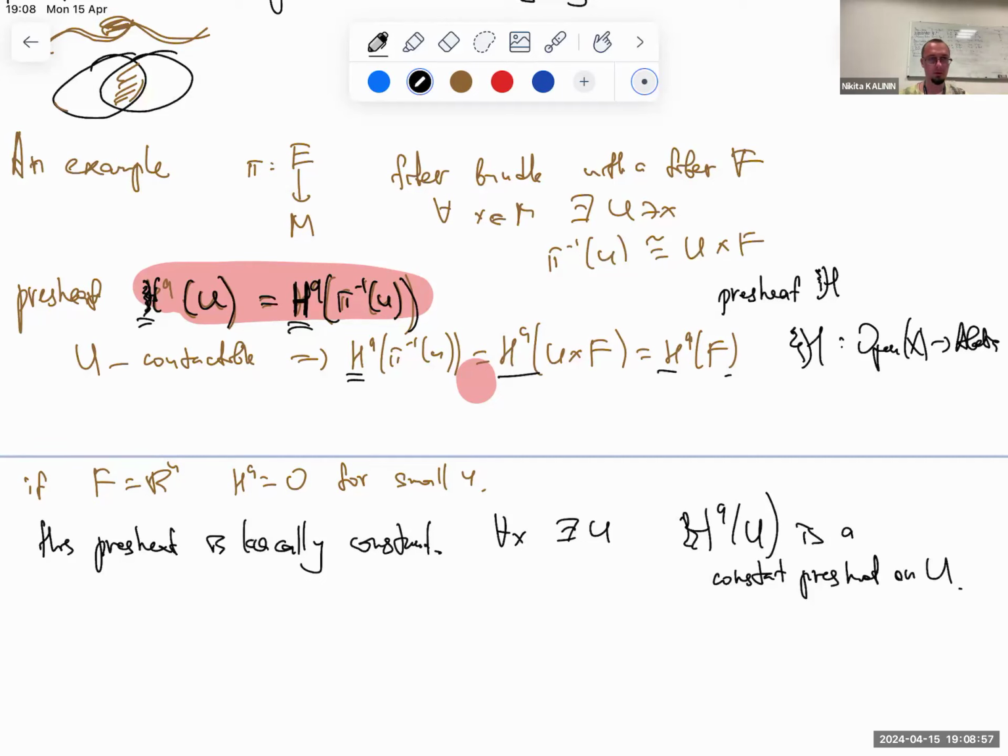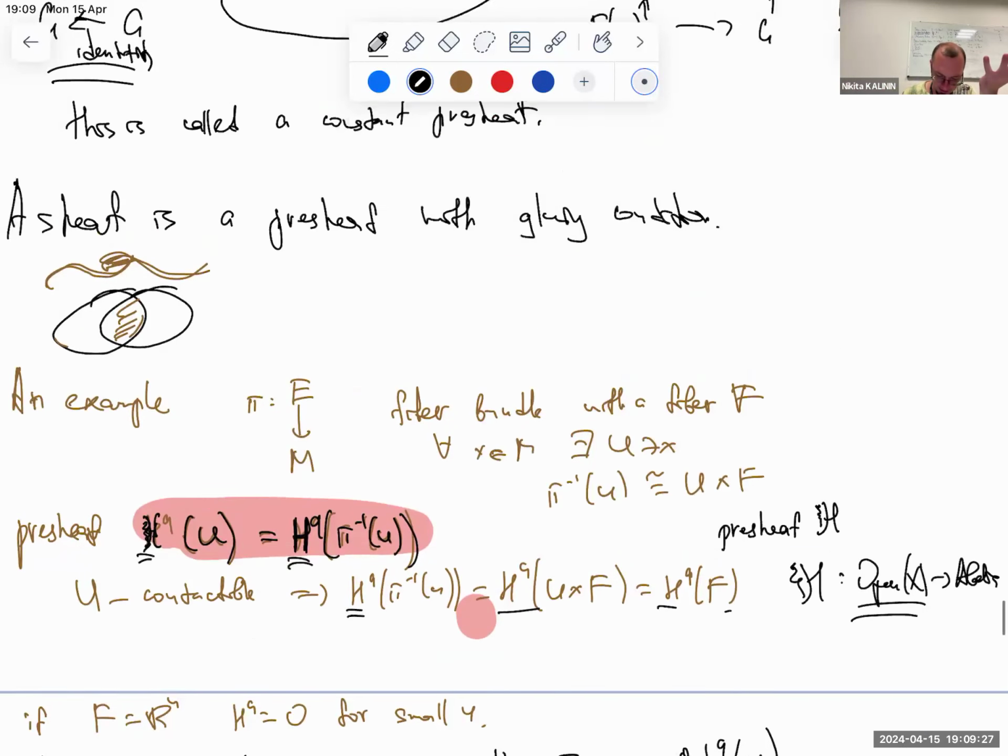If you have just a big manifold M, you have U here, and you can restrict everything to U and consider just open subsets of U. So you can restrict your category of open sets, just consider the open subsets of U, and then restrict your presheaf to this subcategory.